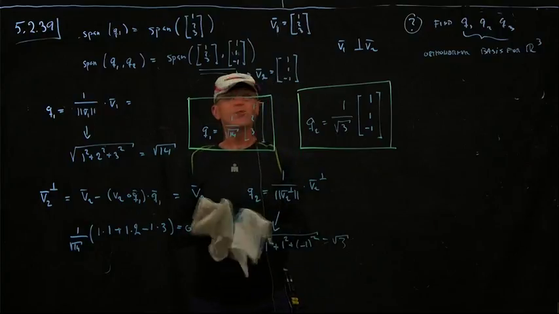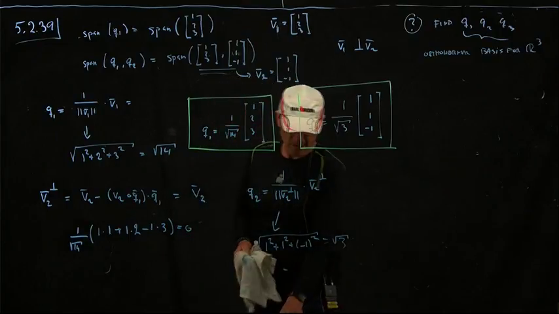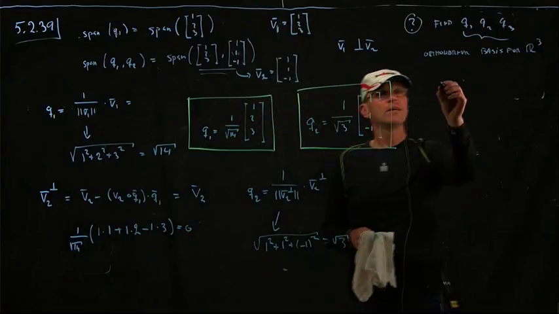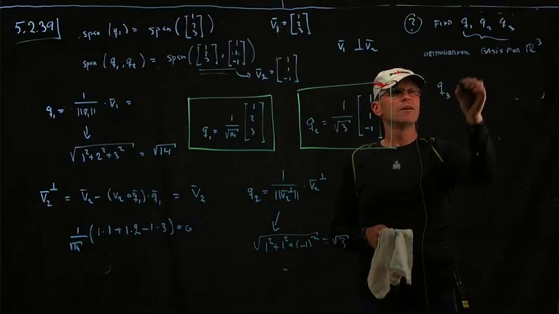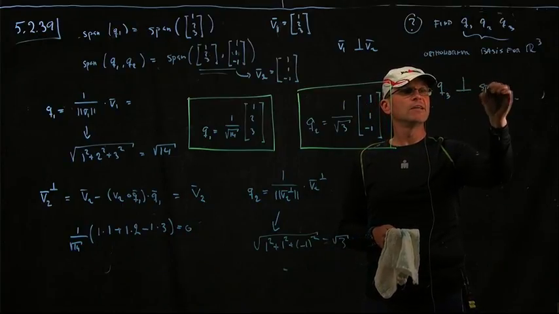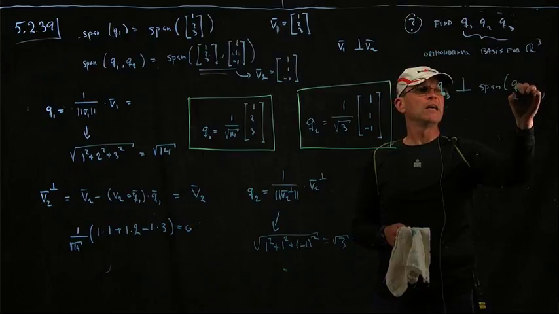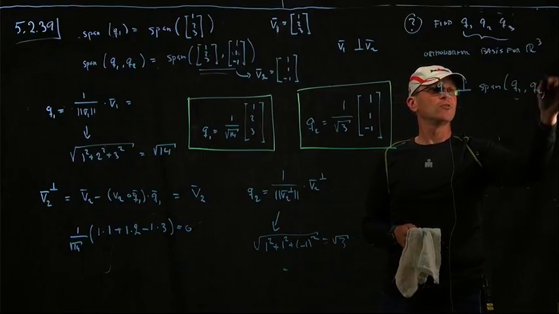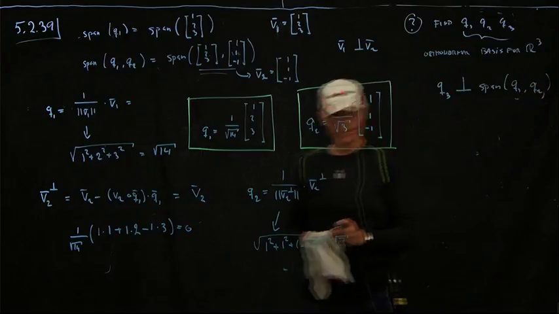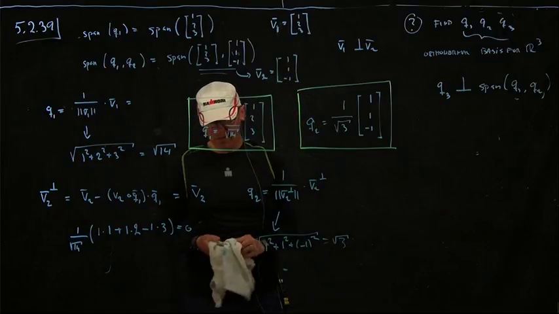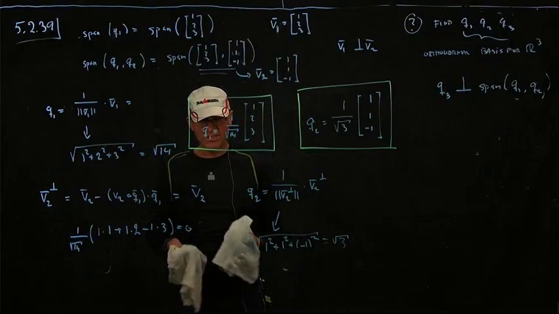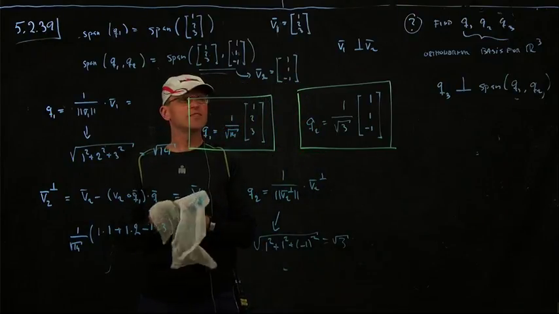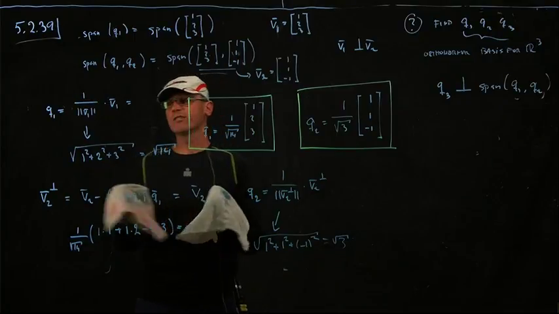So what do we know about Q3? Well, Q3 should be perpendicular to the span of Q1 and Q2. It should be orthogonal. That means that we can express it as the kernel of a matrix.